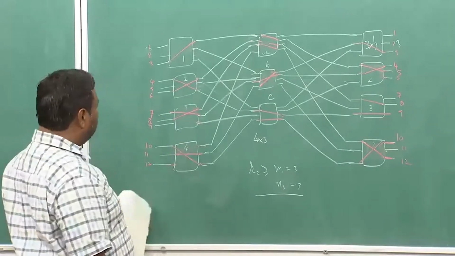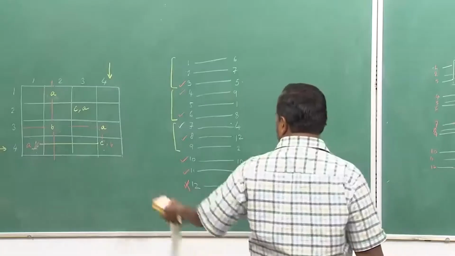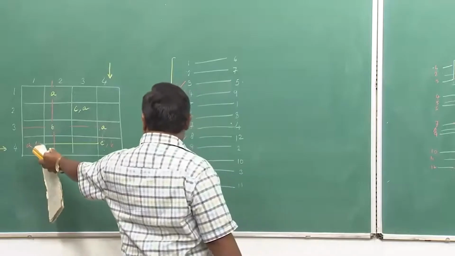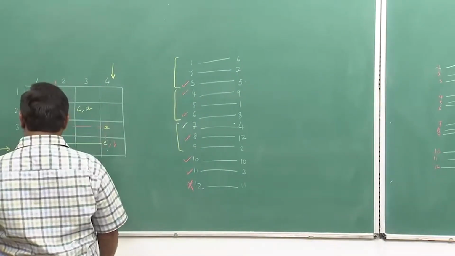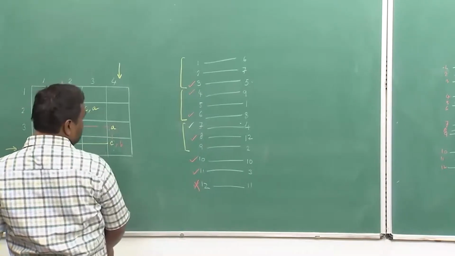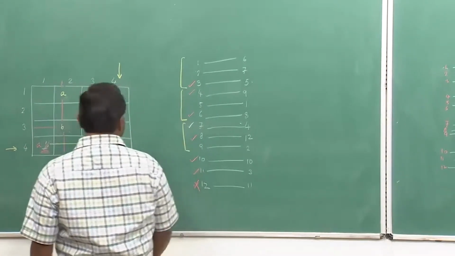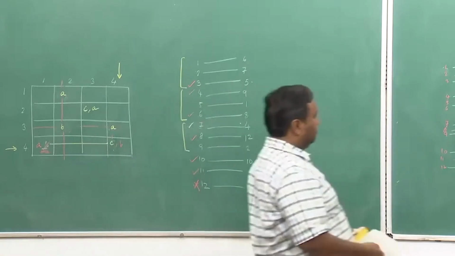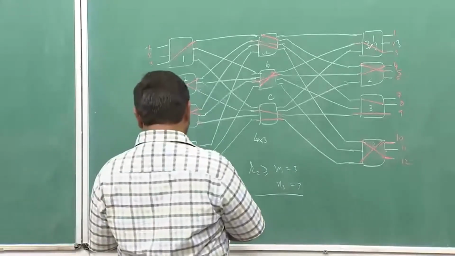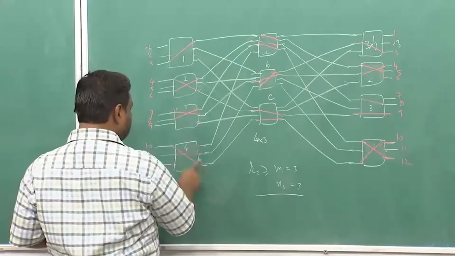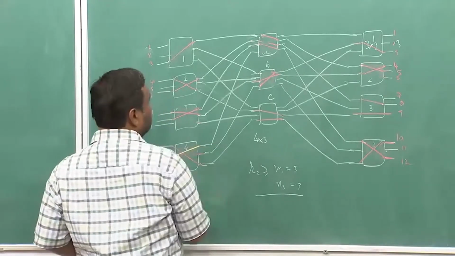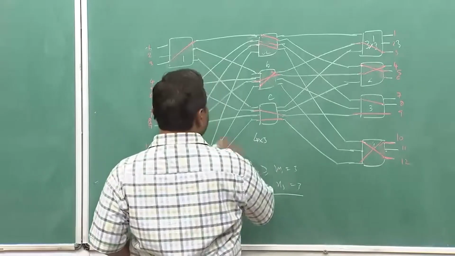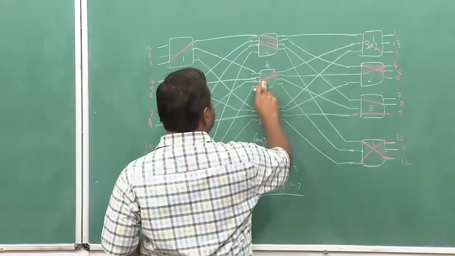So, now I have to do the 12 to 11. So, alternative is this particular connection, this one is being dismantled, this corresponds to 11 to 3 which has to go via A. So, 11 to 3 I will just move it via A. So, once this goes, this one becomes free.